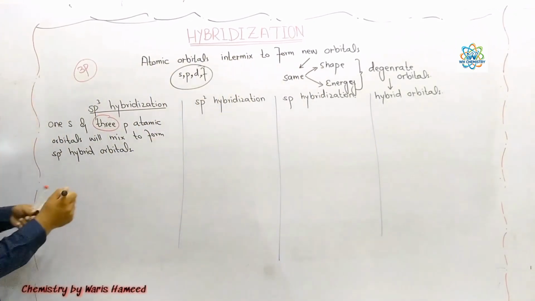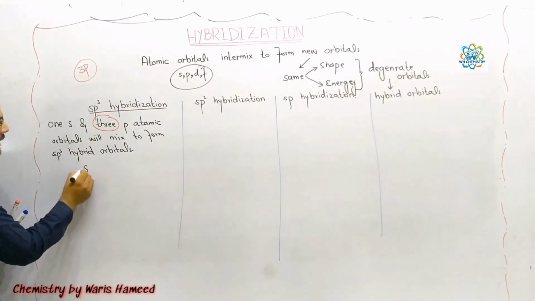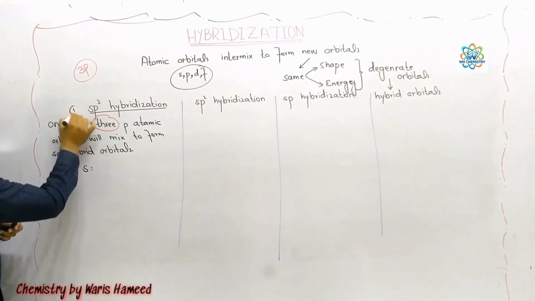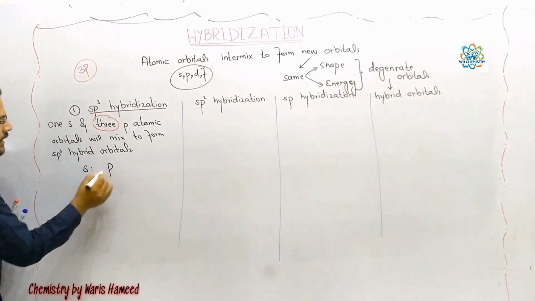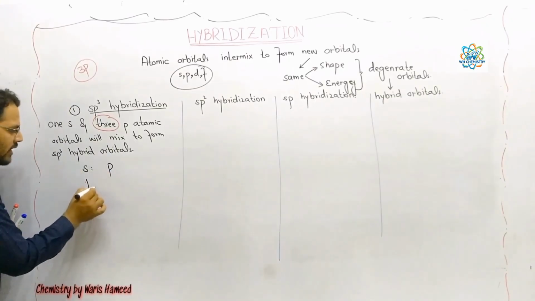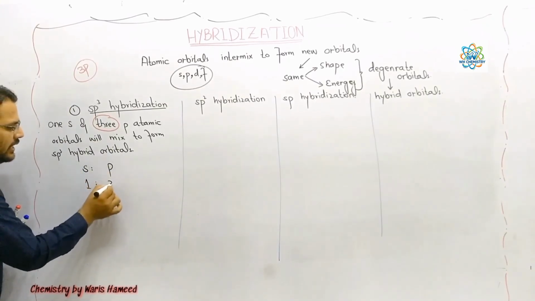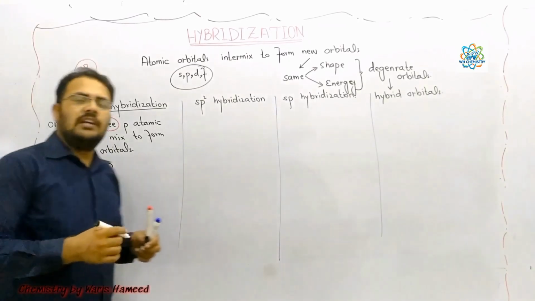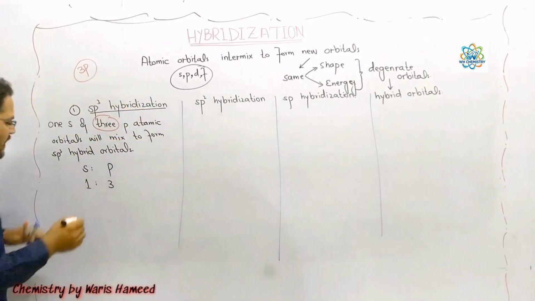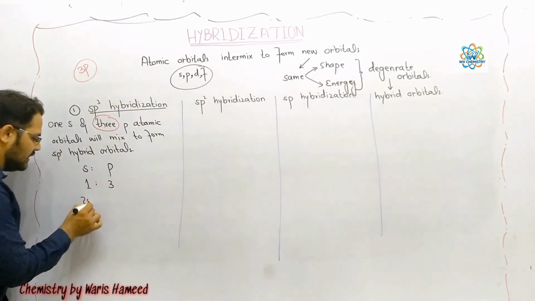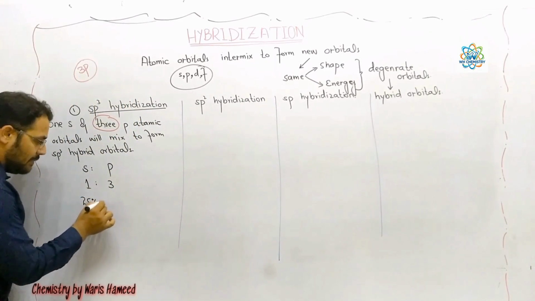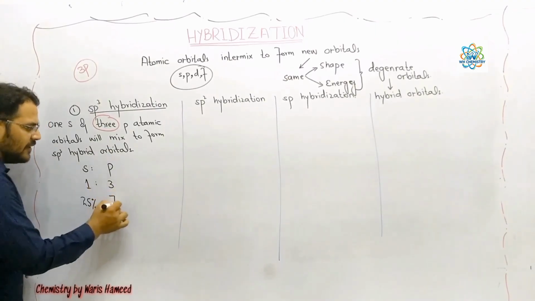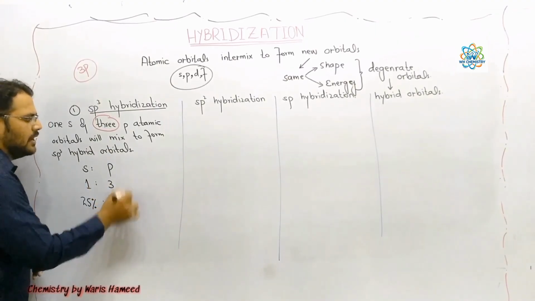In this case, what will be the ratio of s and p? S has 1 and p has 3, and we can find the percentage: s will be 25% in the hybrid orbital and p will be 75% in the hybrid orbital.